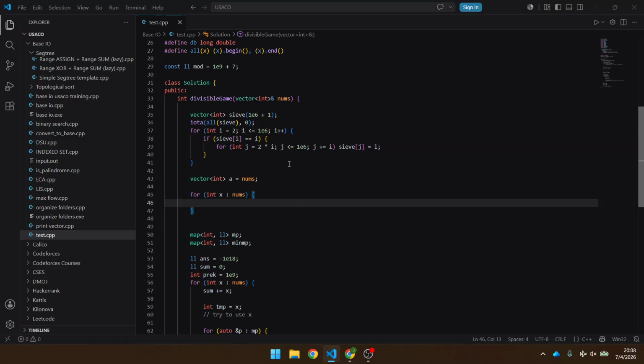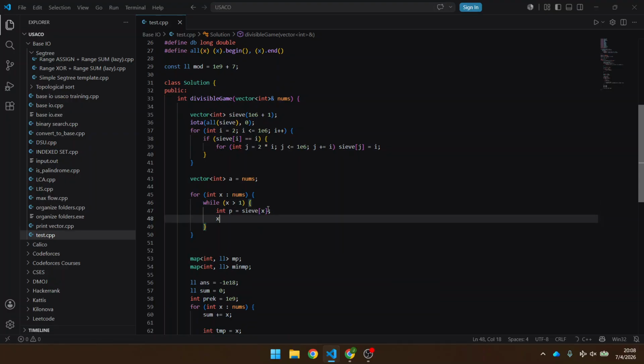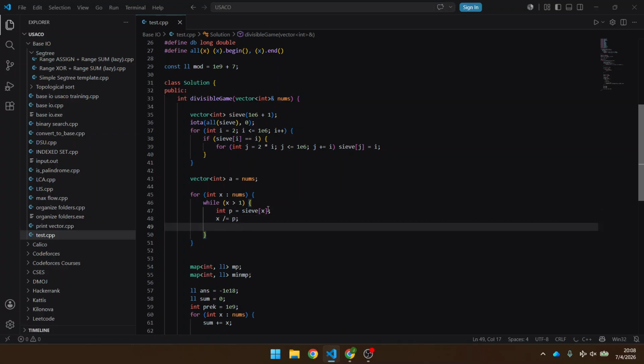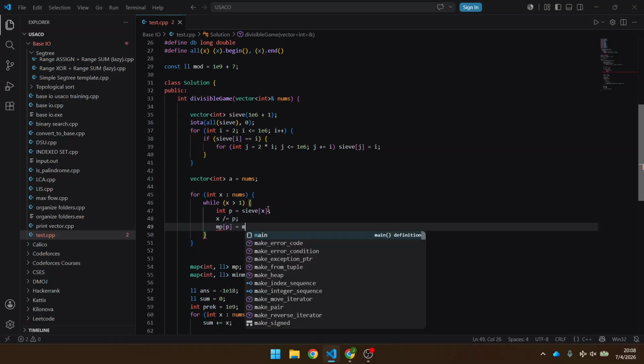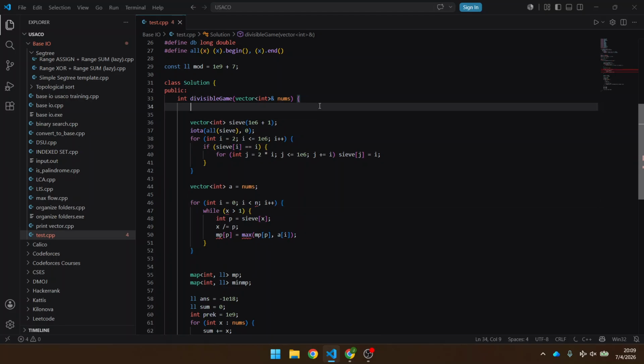For x in nums, x squared 1, into c prime, x equal to p, and map p equals x p, okay. n equals nums dot size.